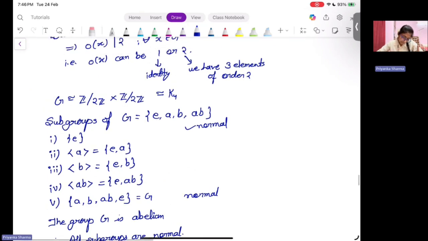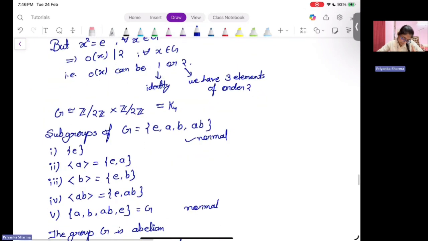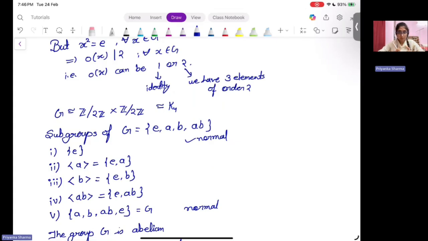With the help of this example, I would like to clear that if we have a unique subgroup of order 2, that will be normal.